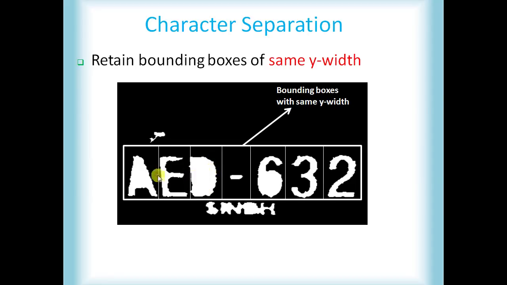Using these properties, the bounding boxes which have the same y width and same x width are retained, and other characters, for example this particular character which does not have the same y width or x width when compared to the other characters, are discarded. So using this property, the characters are separated, and then we get individual characters.